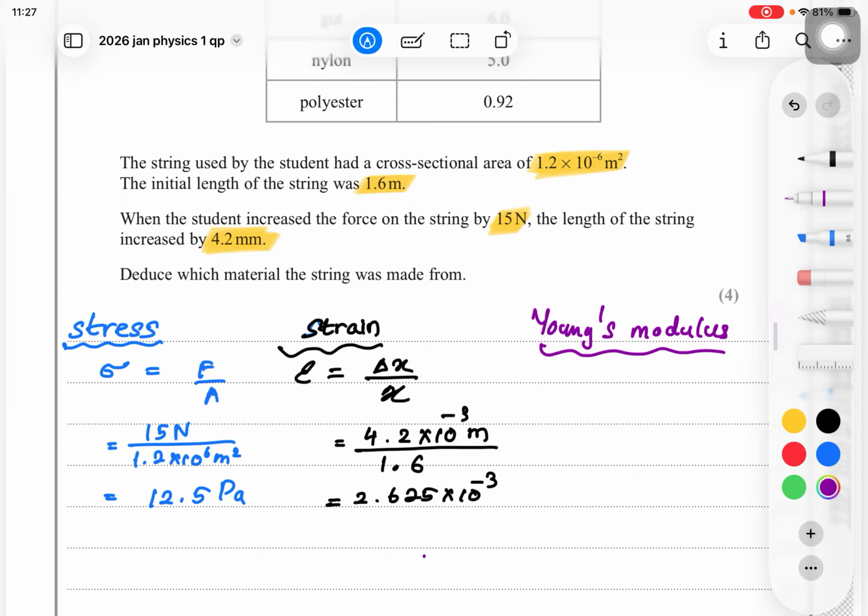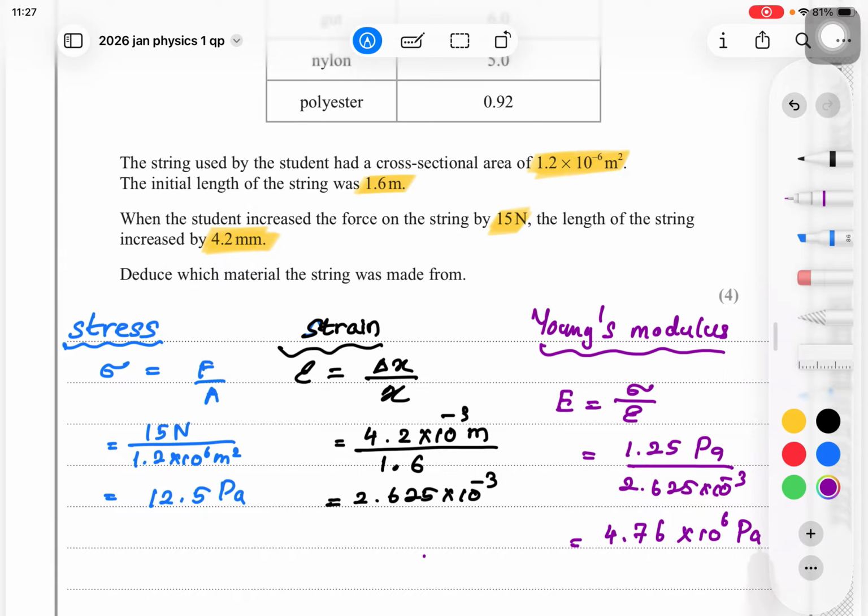So you get the carry forward marks and you're not losing your efforts. Let's divide it. So we have 12.525 pascals divided by 2.625 into 10 to the power negative 3. So the Young's modulus answer we're going to get is 4.76 into 10 to the power 6 pascals.